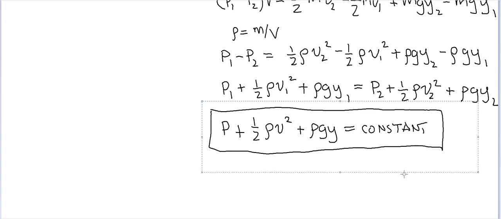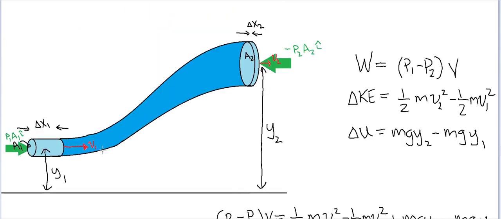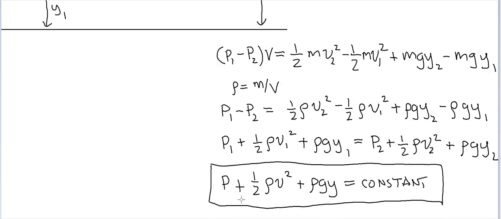Or that P plus half rho v squared plus rho g y is equal to a constant. Everywhere along this tube, it is true that the pressure plus half times rho times v squared plus rho times g times y is equal to the same constant value.